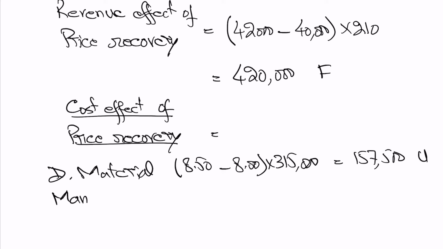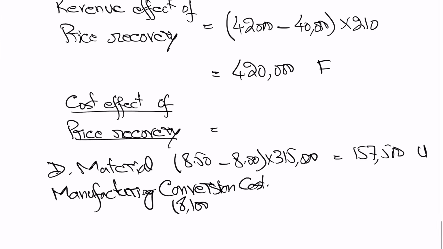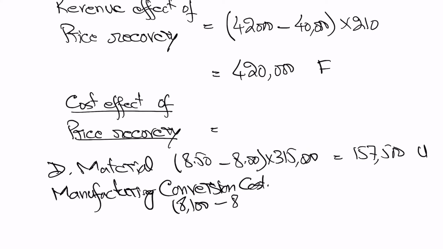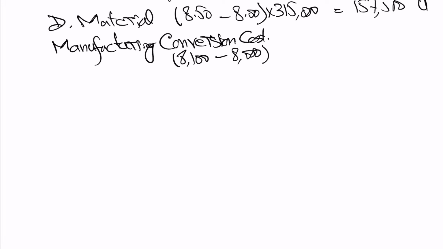Manufacturing conversion cost, so we see here 8,100 minus 8,000 into 250, so we see 25,000 unfavorable.